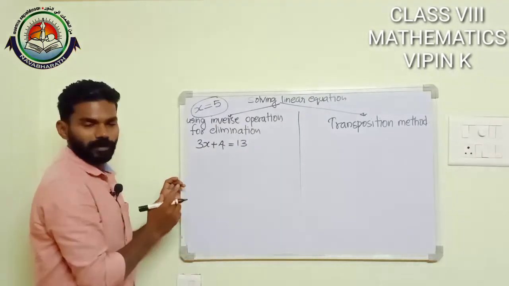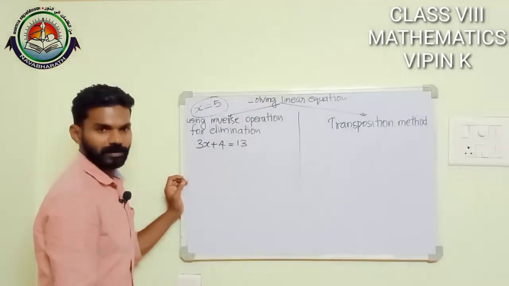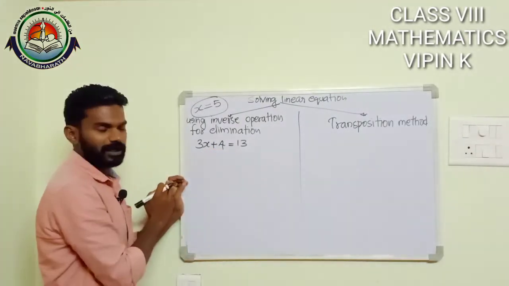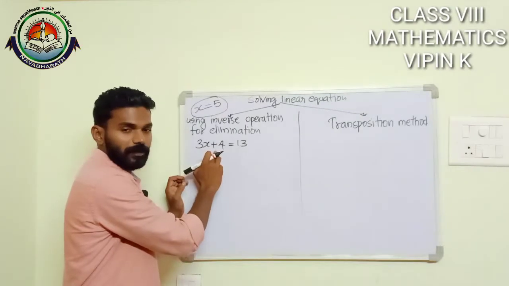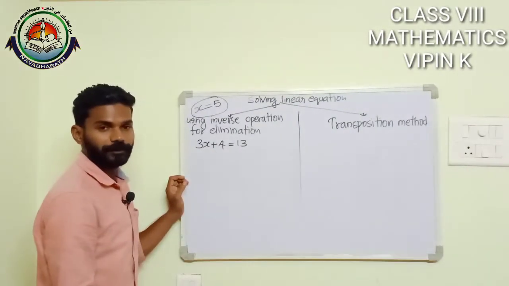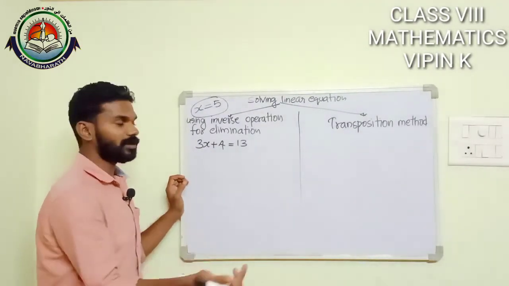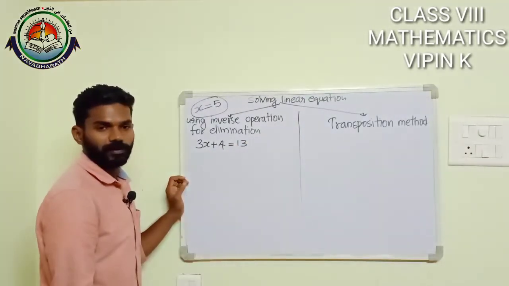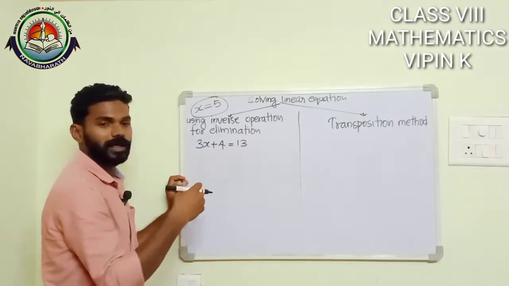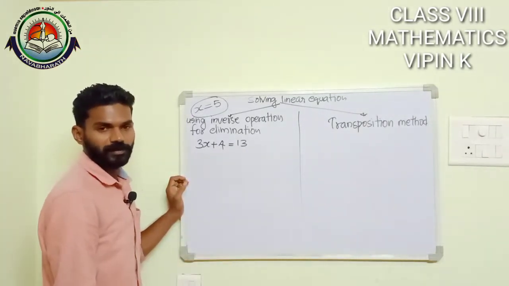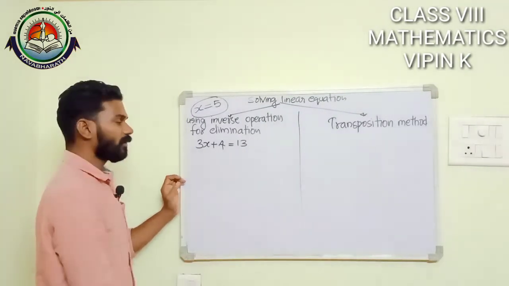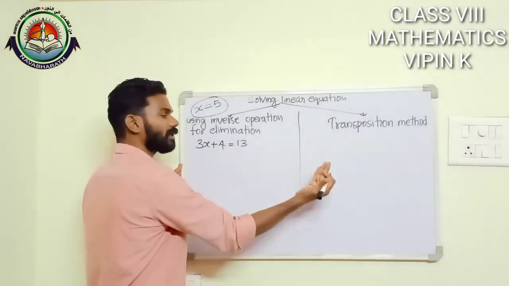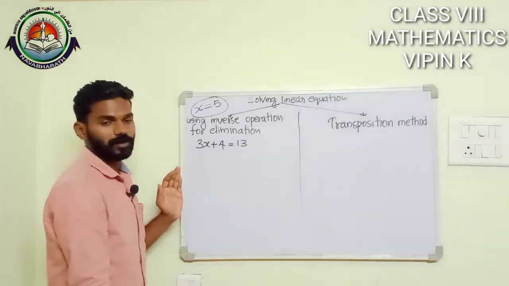So, first of all, in this equation, to eliminate this plus 4, here 4 is added. So in order to eliminate this plus 4, we need to subtract 4, so that this 4 would be eliminated. But the rule is that whenever we subtract 4 on the LHS, we need to subtract 4 on the RHS also.